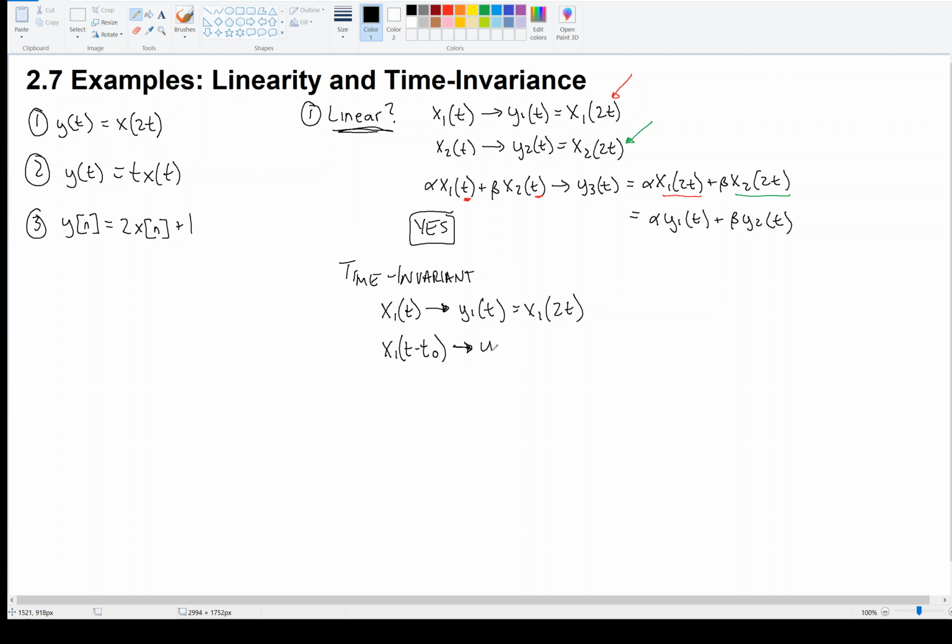I get out, we'll call it y2 of t. I replace t with 2t. Okay, so I would get x1 of 2t minus t0.